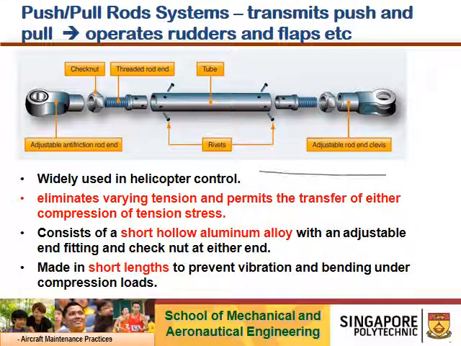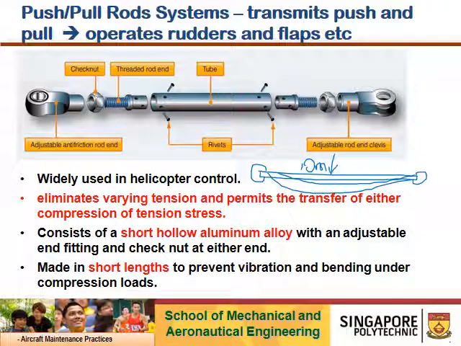I mean, if you have, let's say, a 10-meter long push-pull rod, the issue is with the ends. Both ends are fixed. With the 10-meter long rod, what will happen is, due to the weight of the rod itself, it will droop.